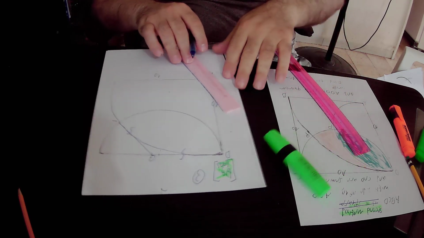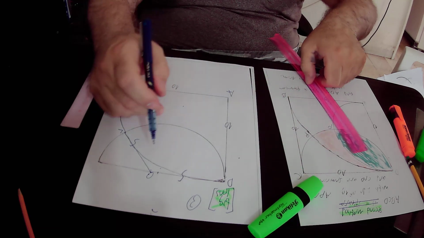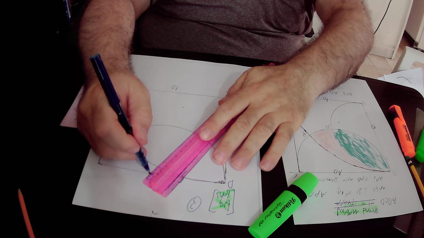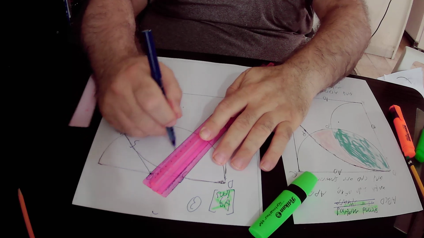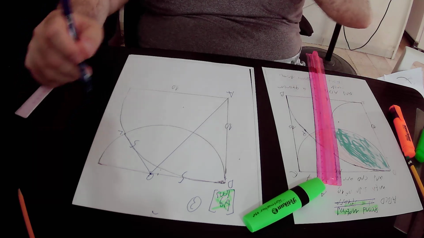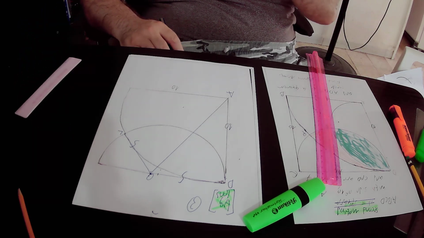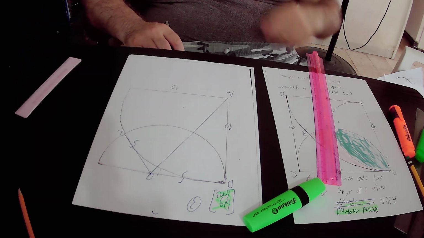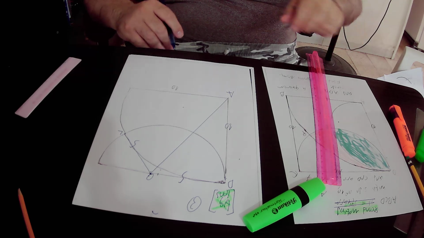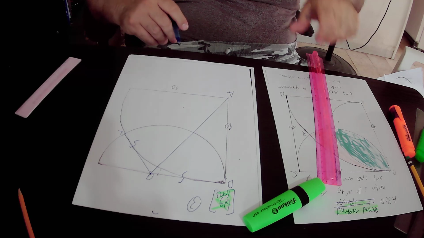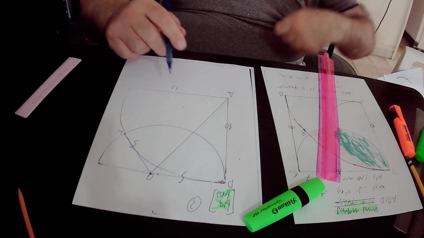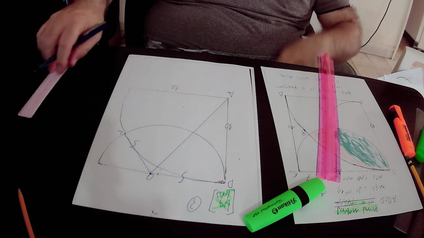In the next step, we join the two centers together by a straight line. And here we note that the quarter circle is perpendicular to the semicircle.